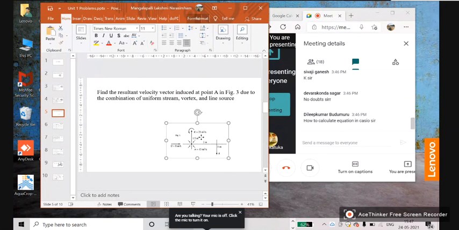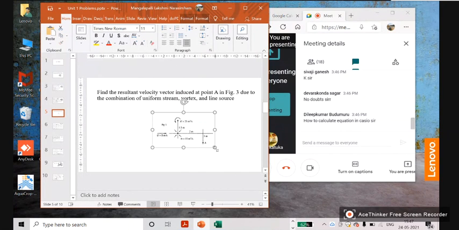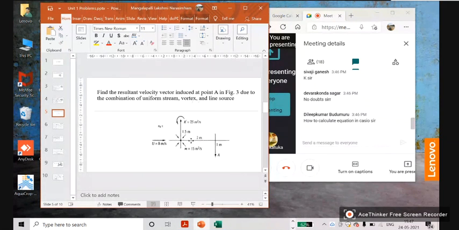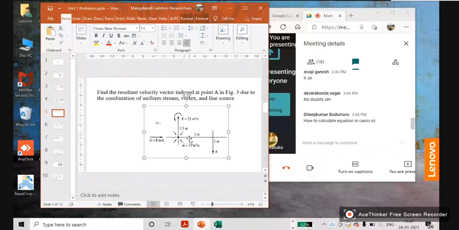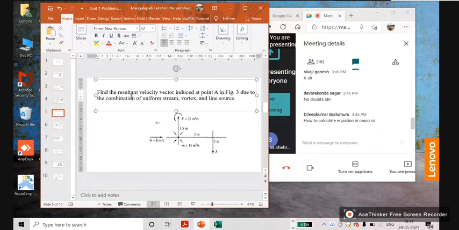Have you all noted the solution? Have you taken down the notes? Okay.